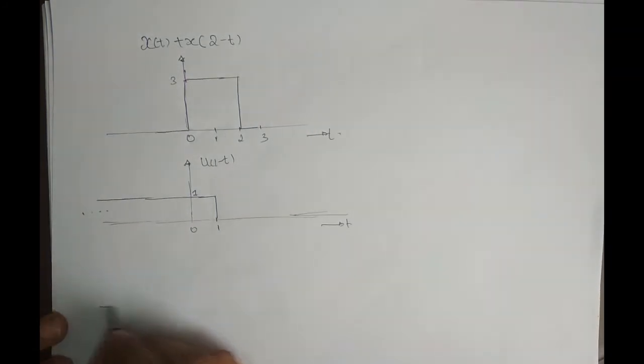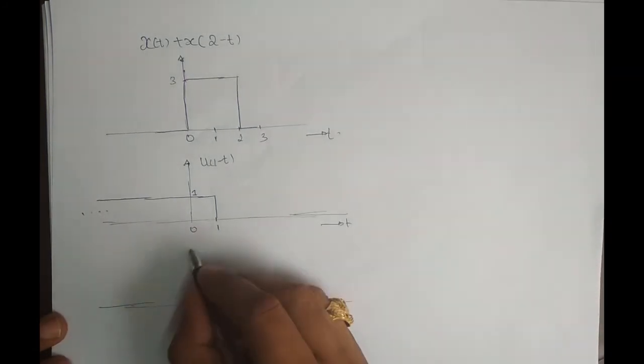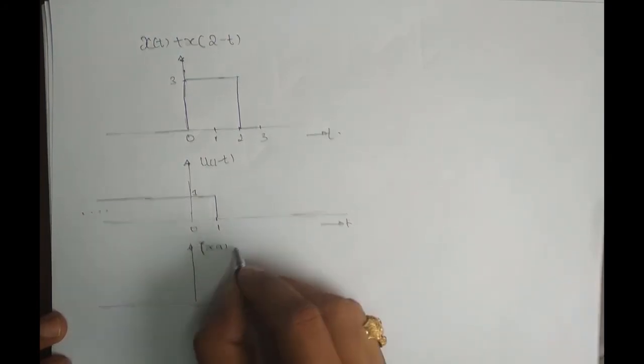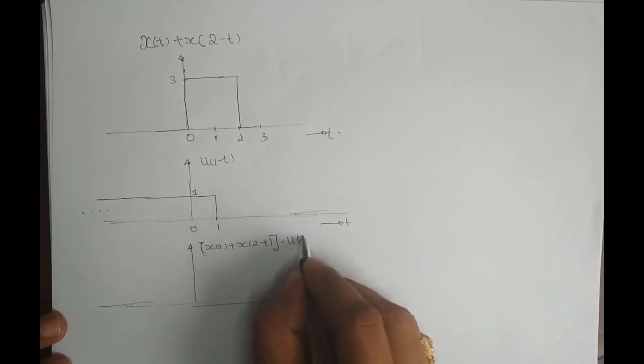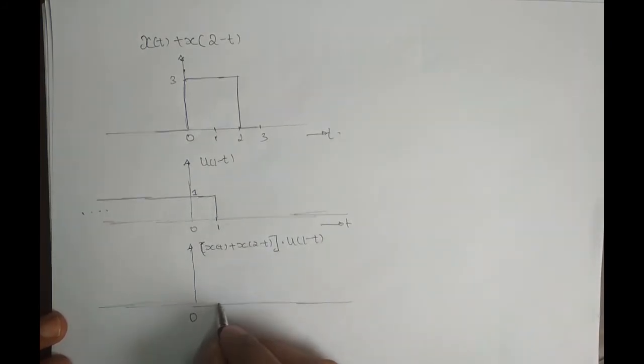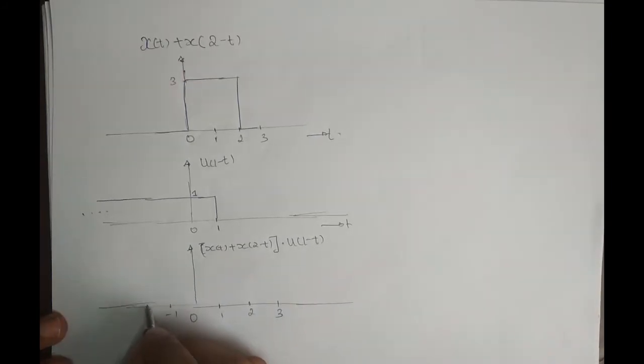So what happens if I multiply these two? This is x of t plus x of 2 minus t multiplied with u of 1 minus t. So 0, 1, 2, 3, and minus 1, minus 2, minus 3.